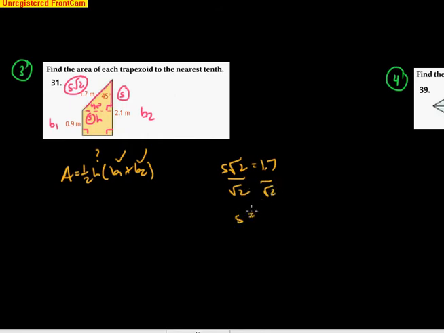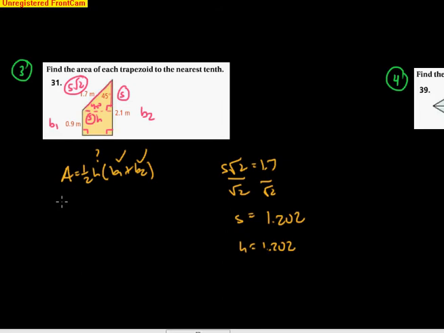And I'm going to leave this out to a couple decimals. Okay? So 1.7 divided by the square root of 2. That comes out to be 1.202. So you just leave it out to a couple decimals. And that is what H is. H is 1.202.